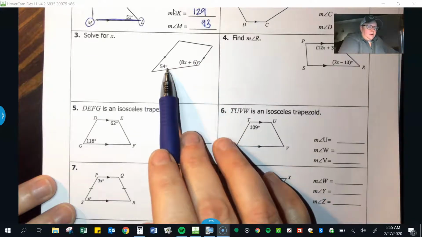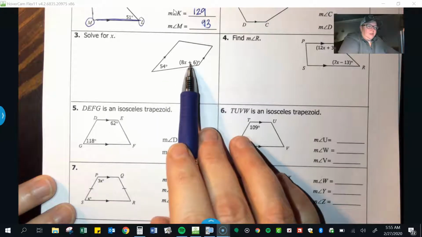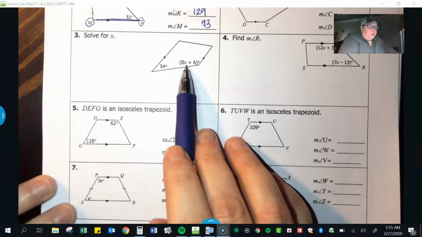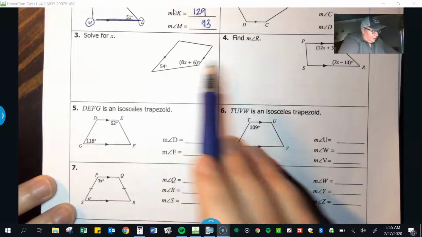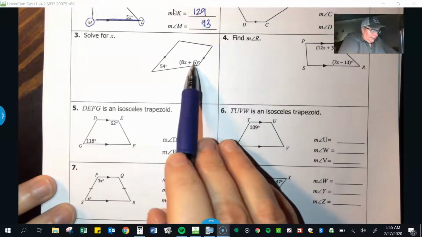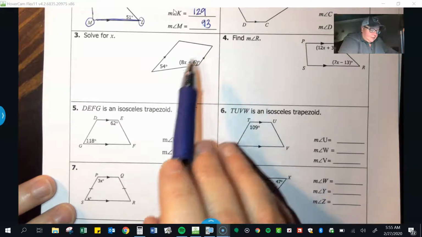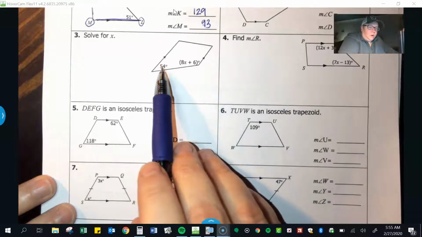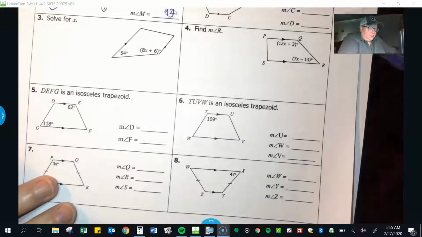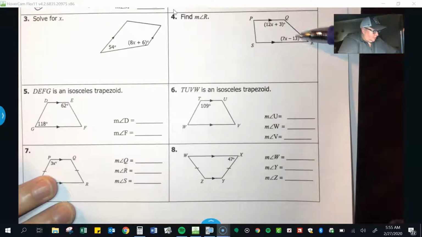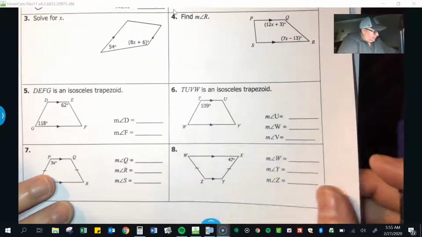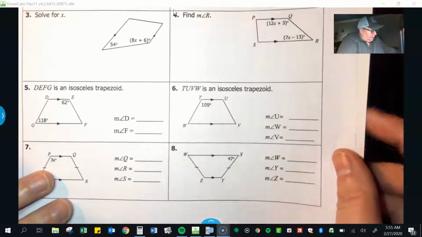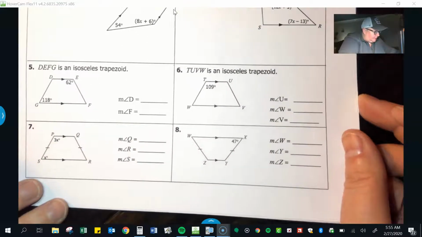What you have here is a pair of consecutive angles on the same leg, which means they are supplementary. So you're going to say 8x plus 6 plus 54 equals 180. Same thing for number 4. I don't want to give away too much because I want you guys to practice, but I definitely want to help you out some.